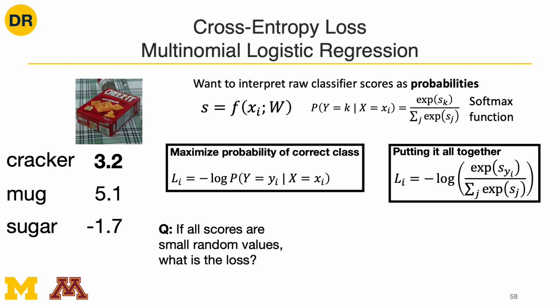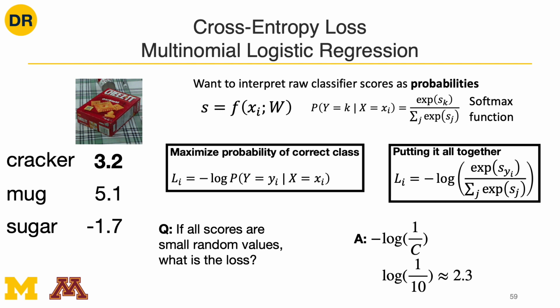If you have random scores, you would expect random probabilities, and you could estimate the loss for an average prediction as negative log of 1 over the total number of classes. That comes out to 2.3 if we have 10 classes. On Project 1, this check is built into the notebook files we'll be using. It's a really good sanity check to make sure your implementation is performing how you expect.